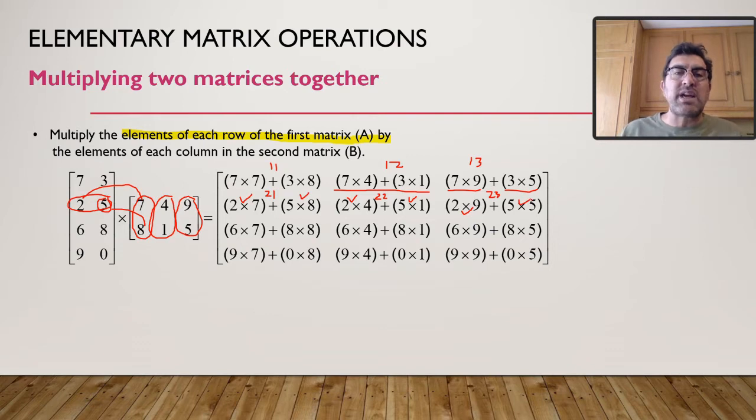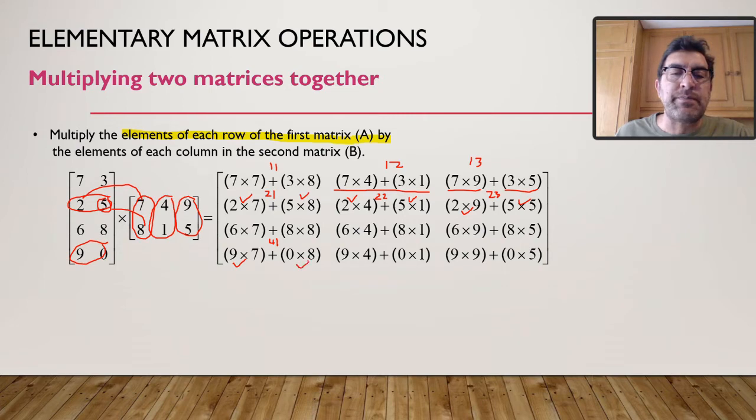Now folks, you carry on in that fashion for the last row, the final row. That's my final row, row 4, column 1, the entry. So you use the fourth row and multiply it with the first column: 9 times 7, plus 0 times 8.